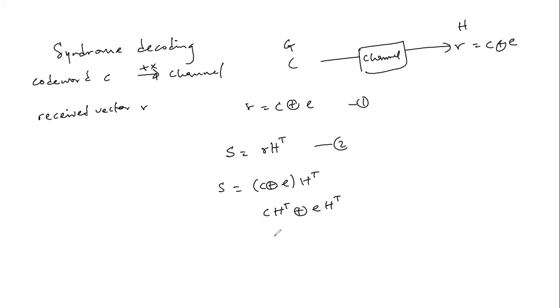Now, C H transpose gives us 0 based on our previous deductions. Then the syndrome will now be 0 plus E H transpose, such that the syndrome is the same as E H transpose. Hence, the parity check matrix acts on the error.